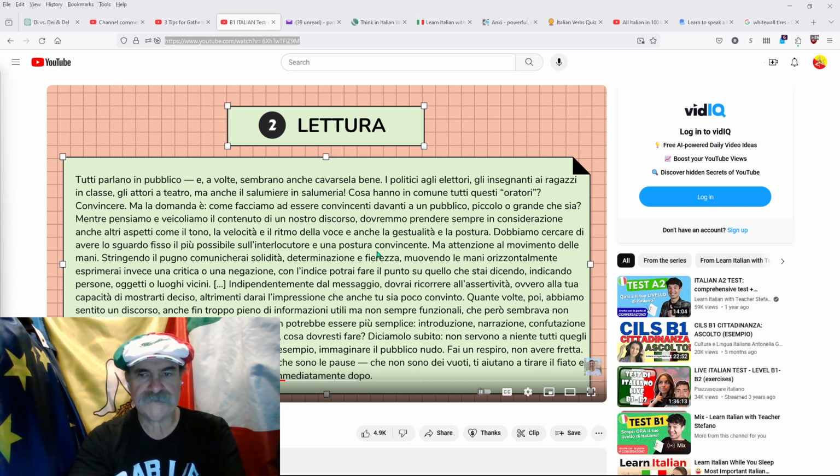Dobbiamo cercare di usare le mani. Stringendo il pugno. Yeah.